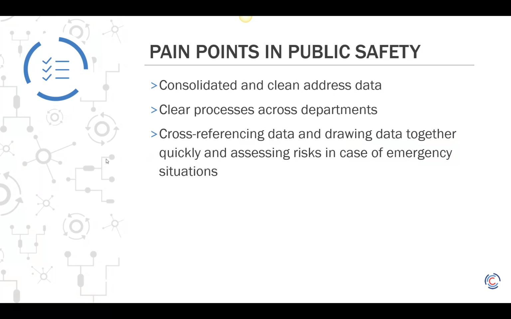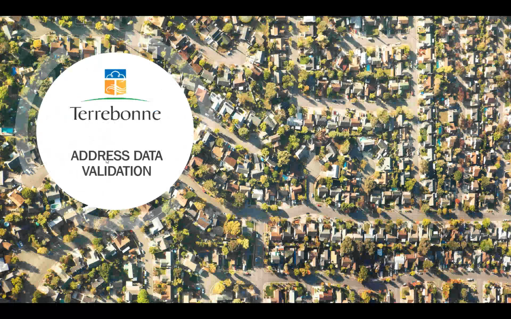So it's just to keep that moving picture of properties against things like flood zones and different emergency management and preparedness scenarios. So the two projects I'll present today are two projects that clients did related to address data, because having a clean and consolidated view of address data for emergency services often is simply related to having a clean and consolidated view of address data in the city in general.